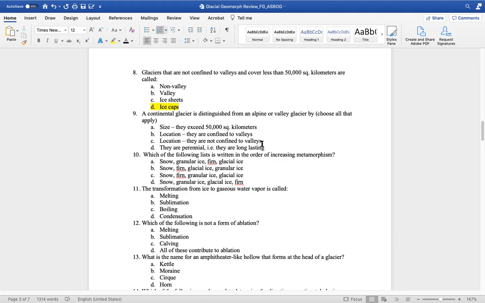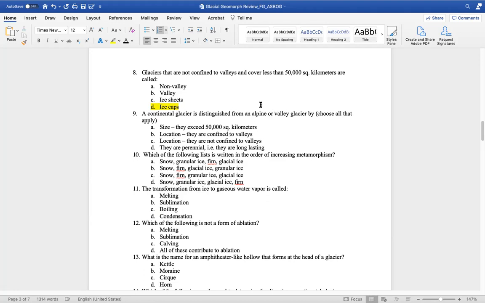And I guess I will pause and say that not all of these are maybe the same quality of question that you would be seeing on the ASBOG, but I think these types of questions do give you sufficient background that you could answer an ASBOG quality question. But anyway, I digress. So what makes a continental glacier different from a valley or alpine glacier?